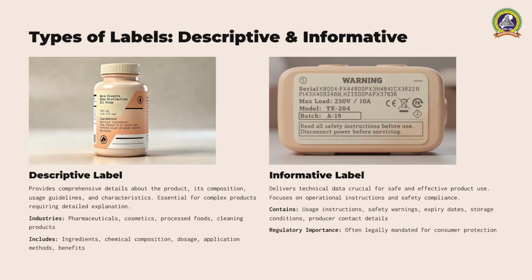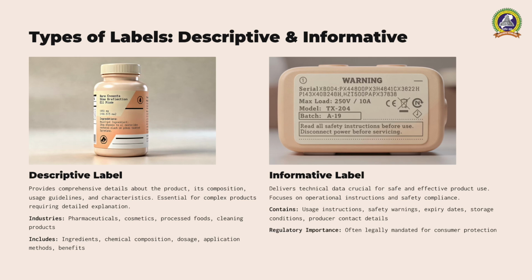Moving beyond basic identification, we encounter labels that provide deeper details, descriptive and informative labels. Descriptive labels, which are also known as illustrative labels, contain comprehensive information about both the product and the producer. The information conveyed here is expressive in nature.